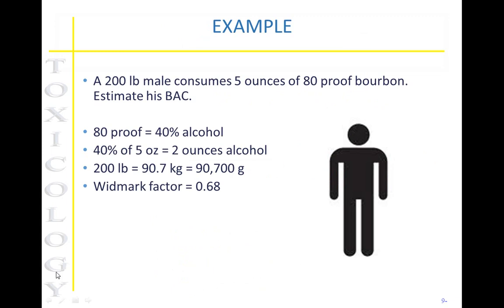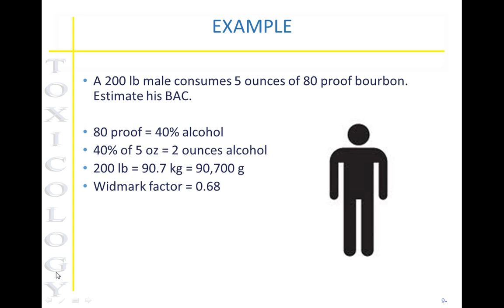If we use a 200-pound male as an example that consumes 5 ounces of 80 proof bourbon, we can estimate his blood alcohol content. Initially, you have to determine how much alcohol is present. So you have to break down the 80 proof alcohol to determine that that means 40% alcohol, and then determine using 40% alcohol and 5 ounces exactly how much alcohol is present.